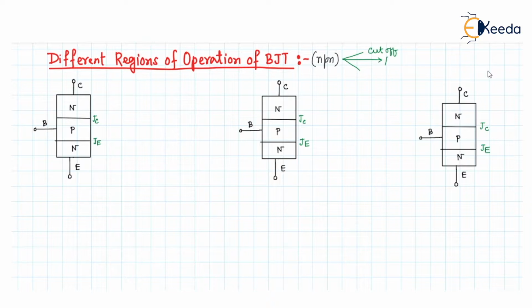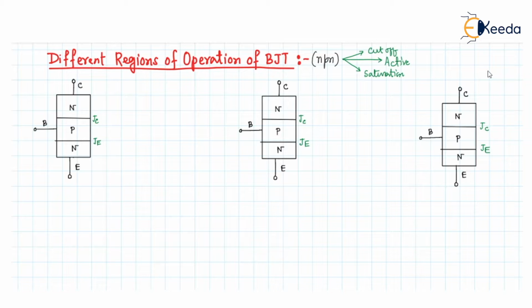The second is the active region of operation, and the third is the saturation region of operation. These are the three regions where the BJT, or bipolar junction transistor, can operate. So let us look at the cutoff region.